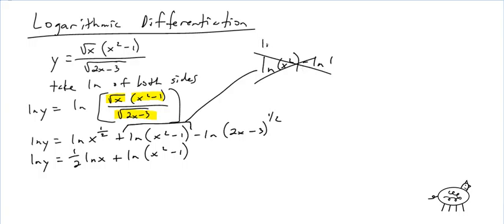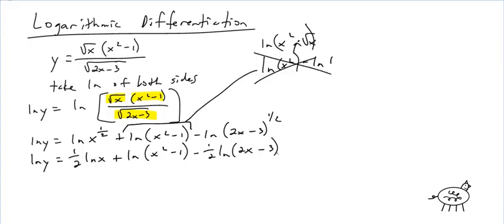If it was ln of x squared times, let's say, the square root of x, that's multiplication, then I can write it as addition: ln of x squared plus ln of radical x. But otherwise, you cannot rewrite that. So you leave it the way it is, and then minus 1/2 ln of 2x minus 3.